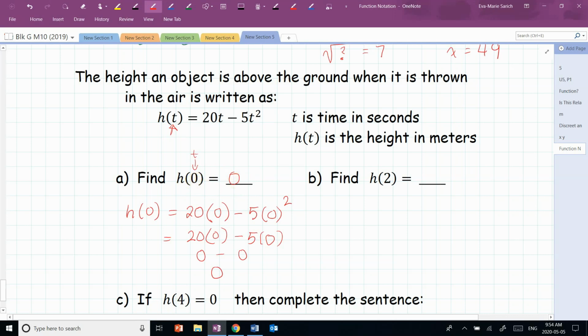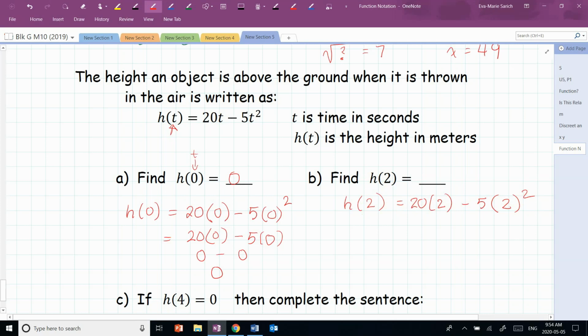Well, what happens now if our time is at 2 seconds? What's our height going to be? So h at 2. Substitute into this formula: 20 times 2, subtract 5 times 2 squared.